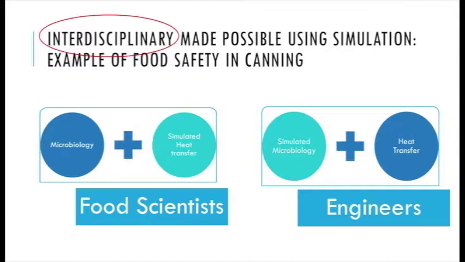Food scientists have background in the biology and the conceptual aspects of heat transfer, of course, but not as much in the quantitative heat transfer aspect. So if we simulate heat transfer and the food science student has control for this simulation, he or she can do the entire canning process in a more realistic manner.